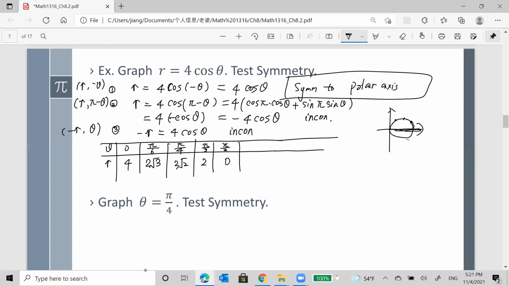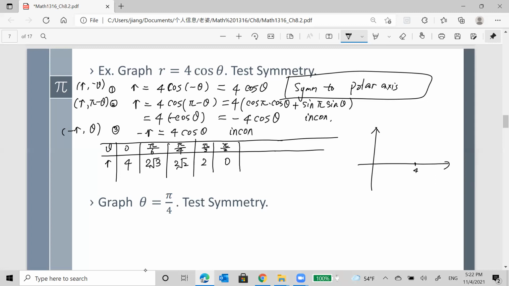Let me clear this and draw a better graph. The first point is (0, 4): the angle is 0, and the length from here to here is 4.